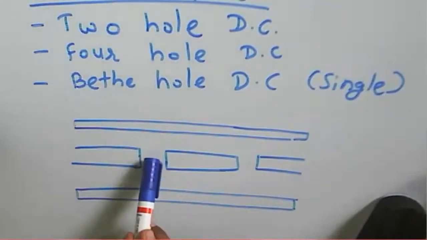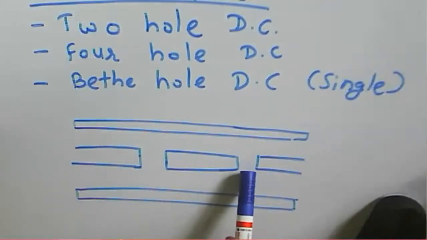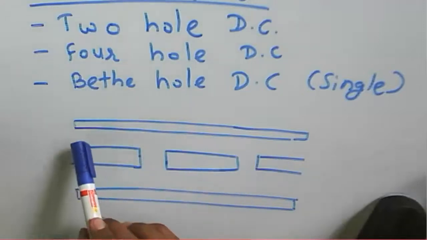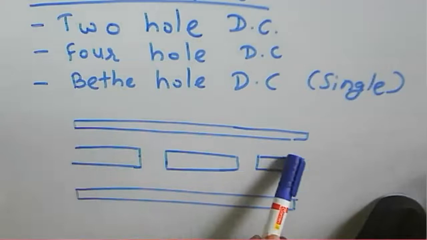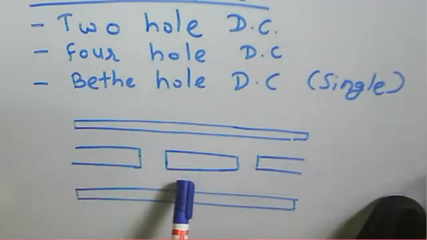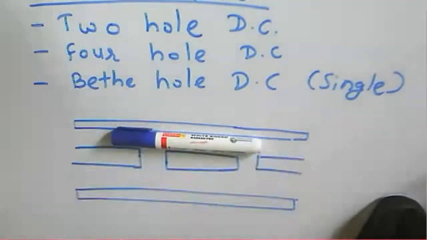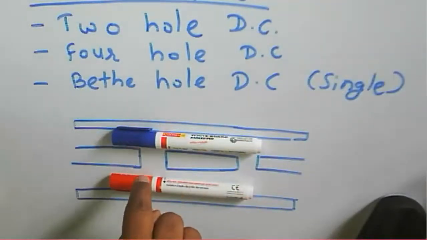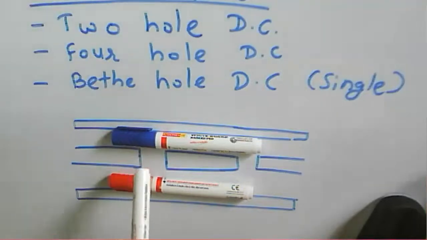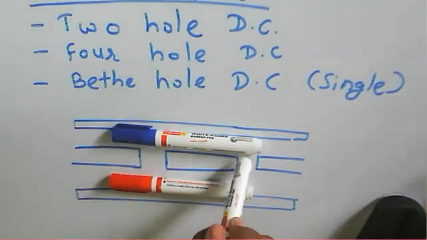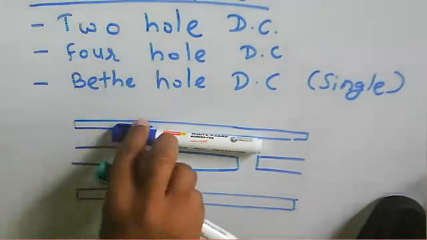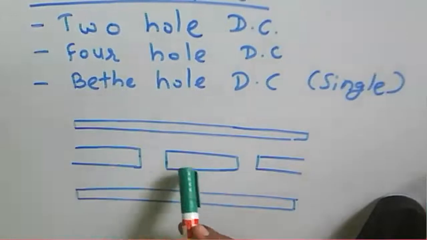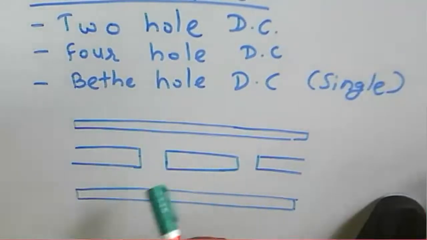There are two holes, 1 and 2, so that's why it is called a two hole directional coupler. This one is the main waveguide and this one is a secondary guide. Power is coupled through the openings here, so power will be coupled inside the secondary guide through these two holes.